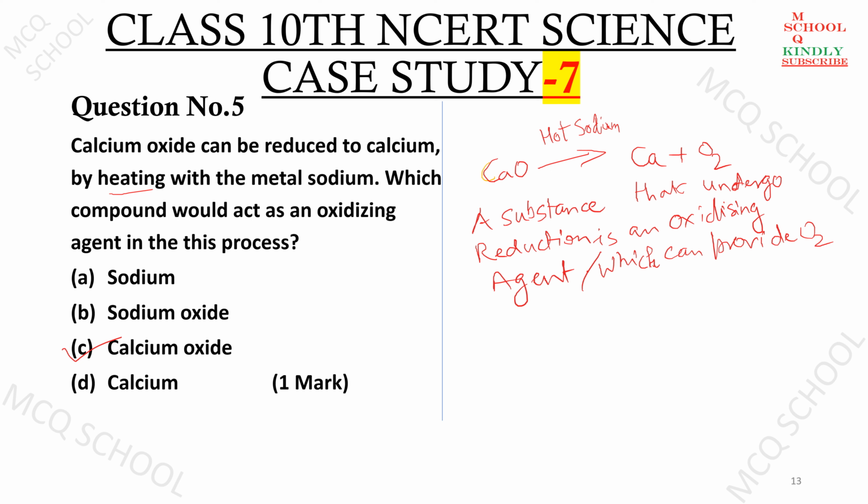In the presence of hot sodium, calcium oxide converts to calcium. The substance that undergoes reduction, which has oxygen with it like calcium oxide, can be named an oxidizing agent.